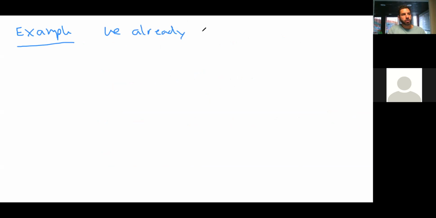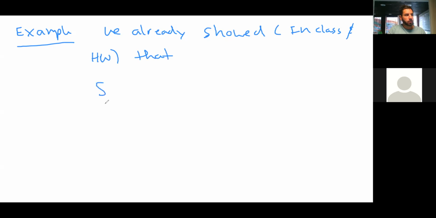So we already showed, and you're going to be asked to do this, so this was in class and homework. So what did we show? We know the integral from 0 to 1 of x squared is 1/3.